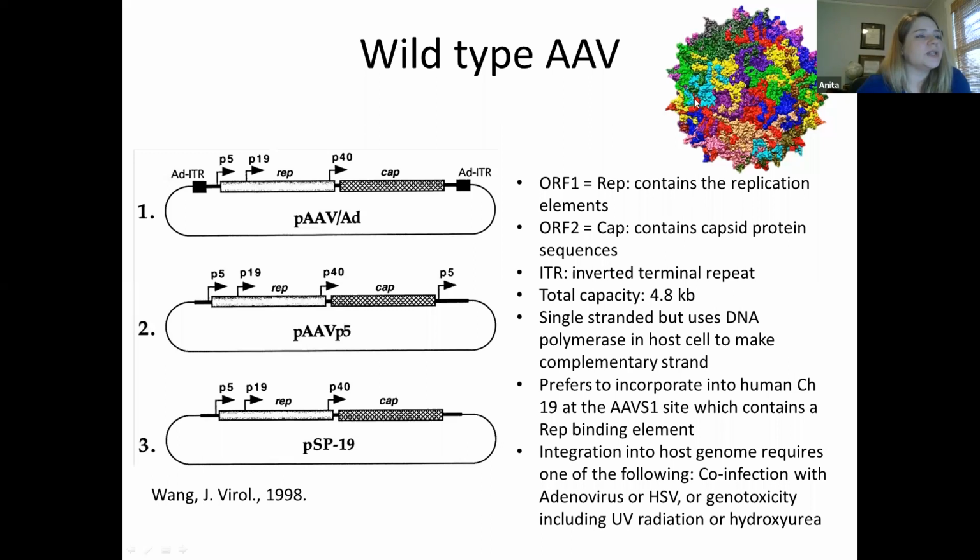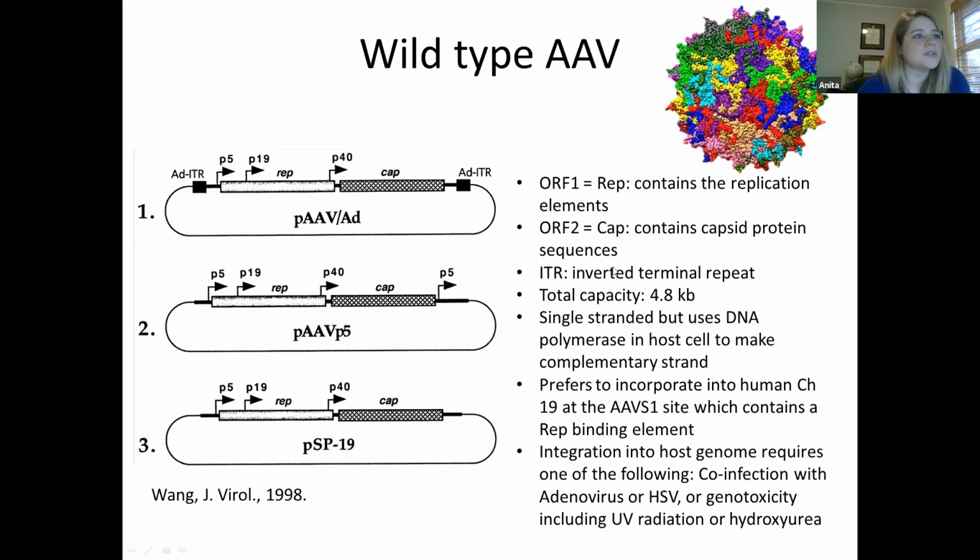So I'm going to talk a little bit about AAVs and how they've been engineered to do what we want them to do in the brain. Basically, this is the entire AAV. You can see there's only 2 open reading frames, for rep and cap. The first one is rep, and it contains the replication elements. The second is cap.